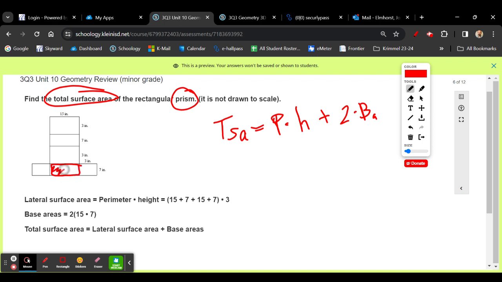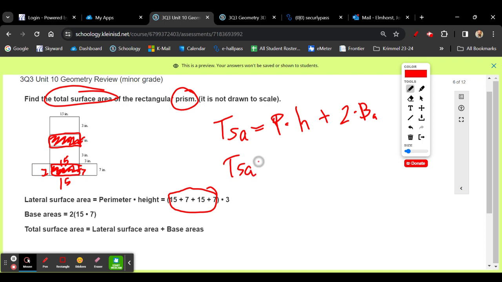So if we pick this as the base, then here is the top. So we have the bottom and then the top. So let's do the perimeter of the base. So it looks like the perimeter is going to be 15, 7, 15, and 7. So we add that all together.